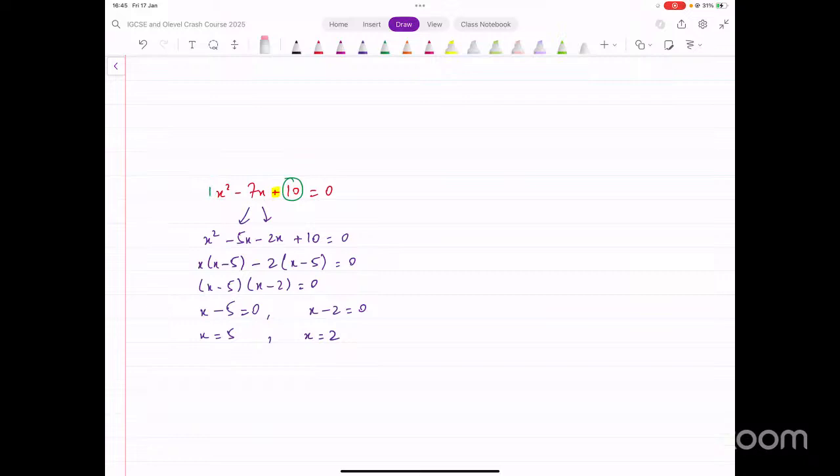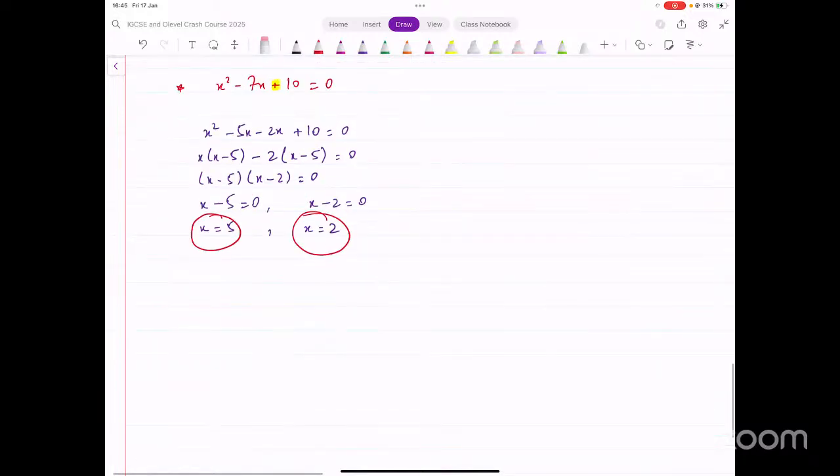Now, this was an equation that we solved there, right? And when we solved this equation, we got two answers from this, x equals 5 and x equals 2. Now, what do these values of x represent? X equals 5, what does that mean? X equals 2, what does that mean?